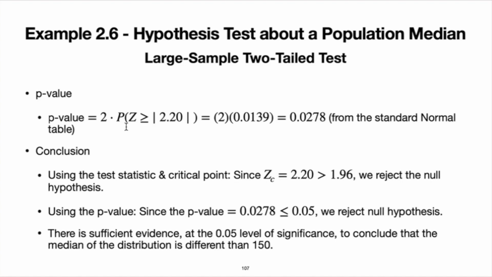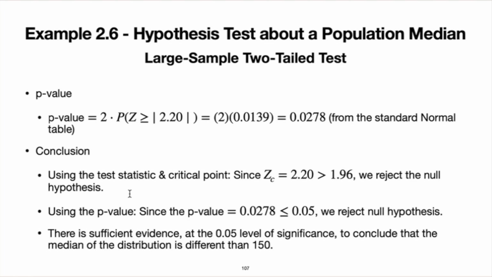It's twice the probability that z is greater than or equal to 2.2. And we get this 0.0139 again from the standard normal table. We have to multiply it by 2, and so the p-value for this test, and again, this is an approximate p-value for the test, is 0.0278.